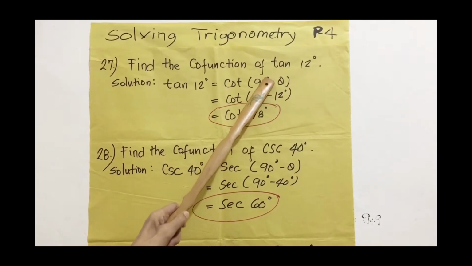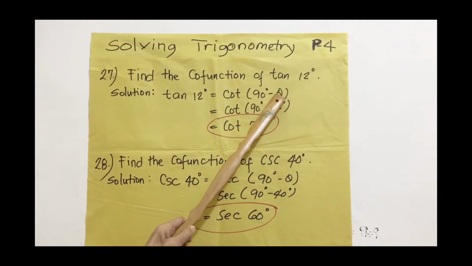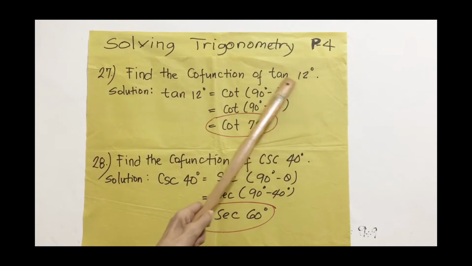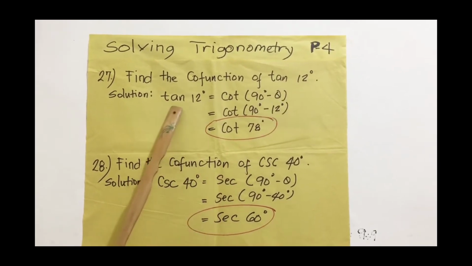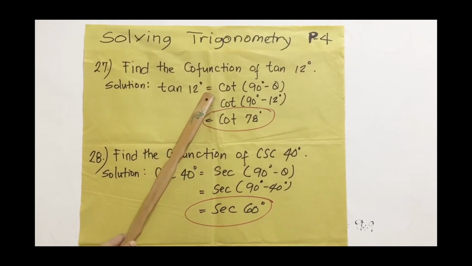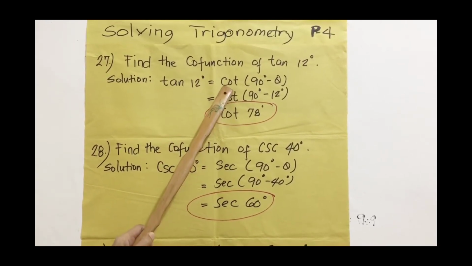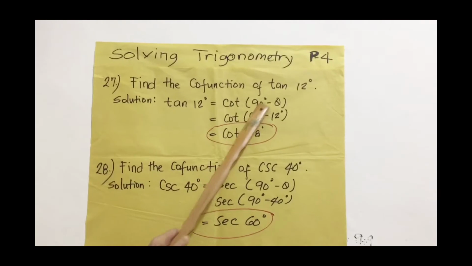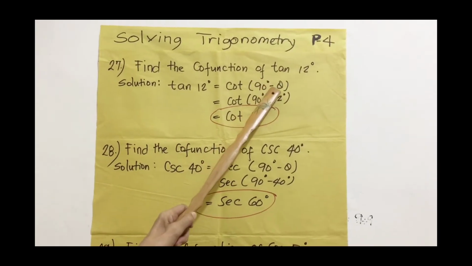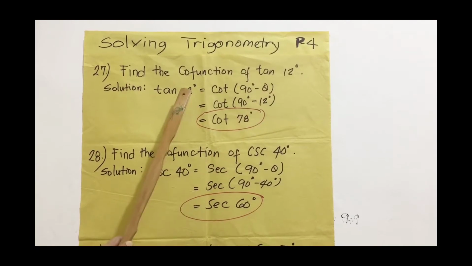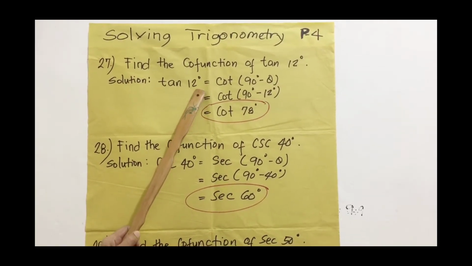We have 90 degrees minus theta, where theta is the angle given. So our solution is, we first write the given, tangent 12 degrees, is equal to the co-function, cotangent, of parenthesis 90 degrees minus the angle. This angle is equivalent to the given degrees, 12 degrees.